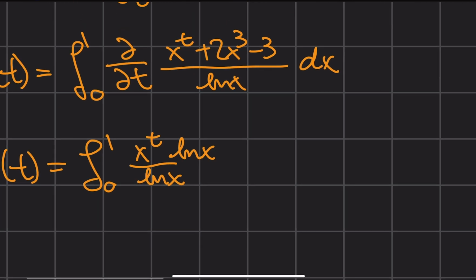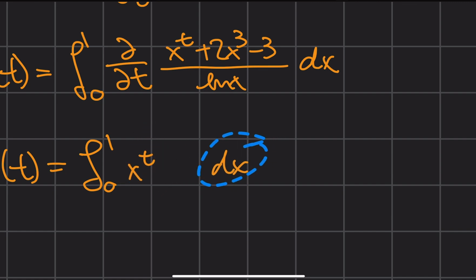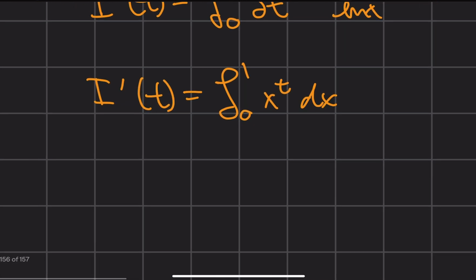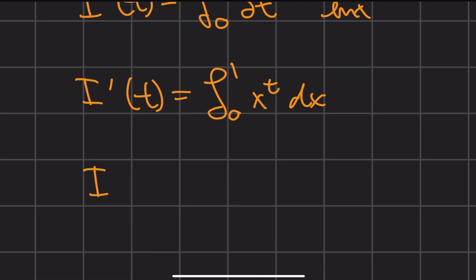So this was the constant multiple, ln x in the denominator, and then differentiating x to the t, which is a to the t ln a, such that a is x, we get this. Okay, cool. Let's cancel out the ln x's in the same step and squish these together. Awesome. Now we can evaluate that integral on the right-hand side, and you'll see that it's 1 over t plus 1.